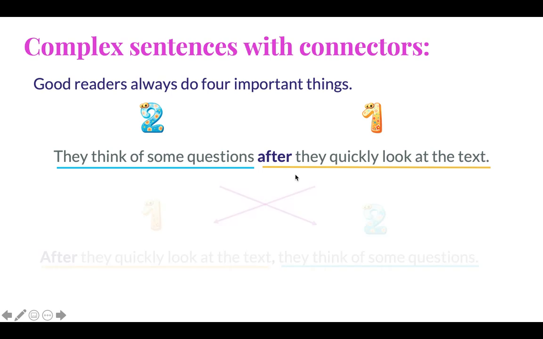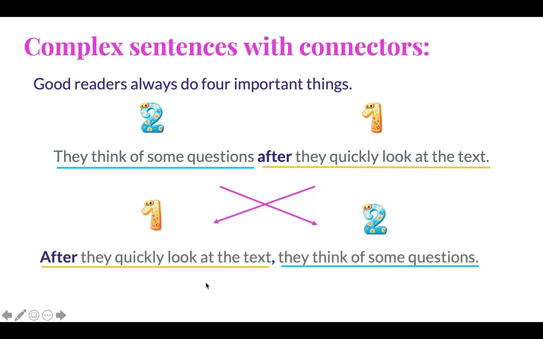And just like before, we can change the order of the actions in the sentence, but it doesn't change the meaning of the sentence as long as we keep this connector after connected to this first action. Again, notice that we must have a comma right here because this is a complex sentence.